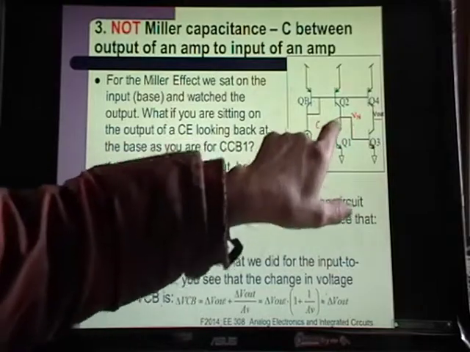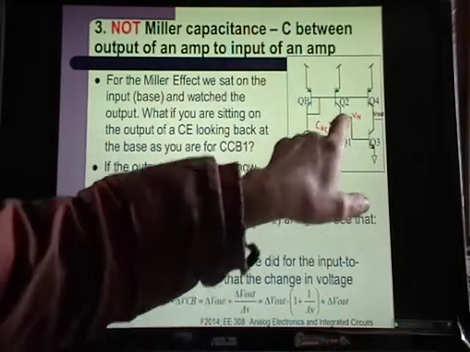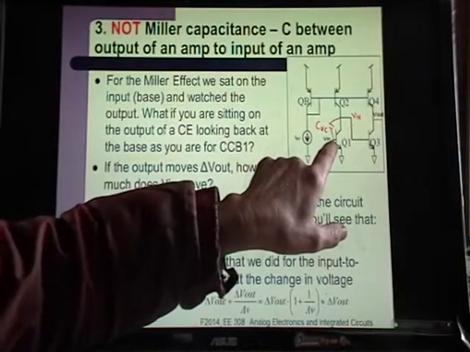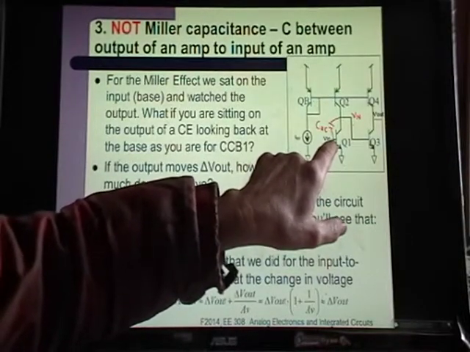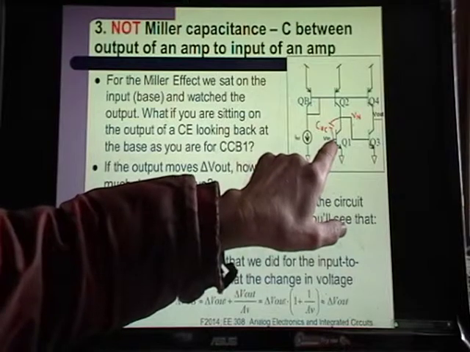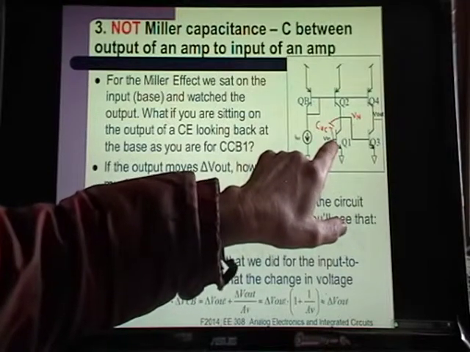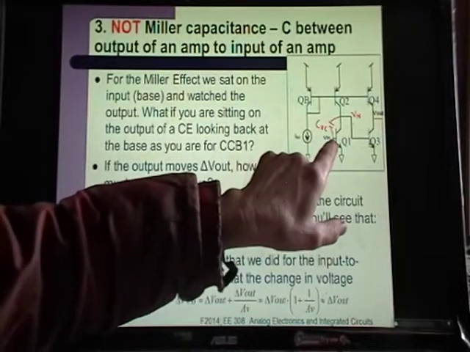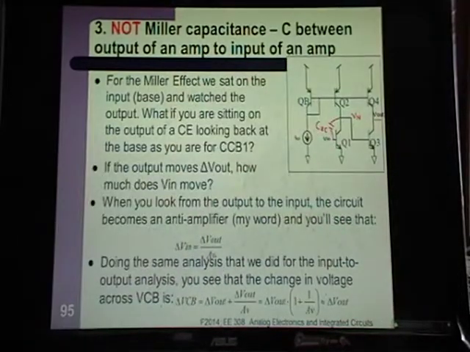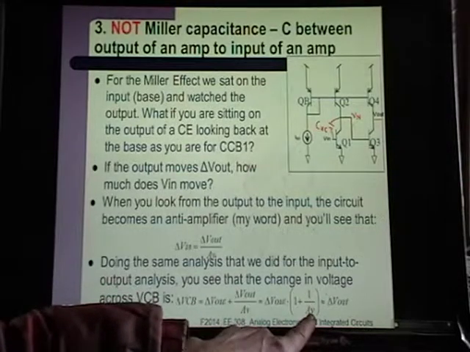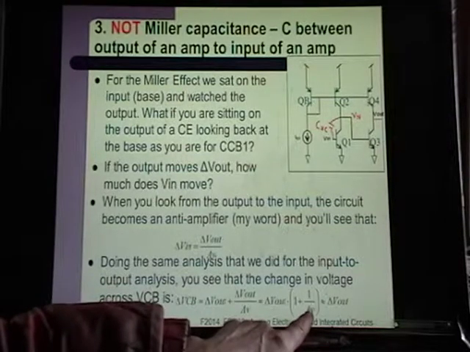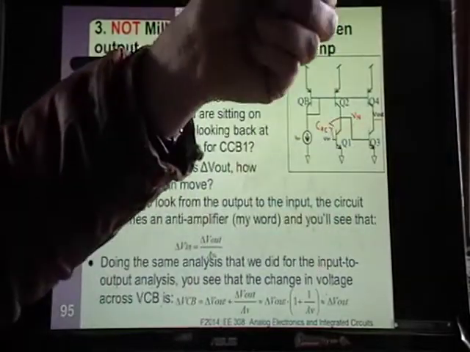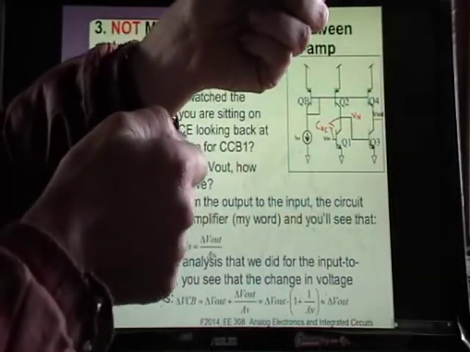Okay, so this C_BC, if you're sitting here, yes, both sides are moving, but it turns out since this side moves so little, 1 over AV times as much, that most people just consider this as a ground. If you want to be a little more accurate, if I move up by 1 volt, the other side moves down by 1/100th of that.